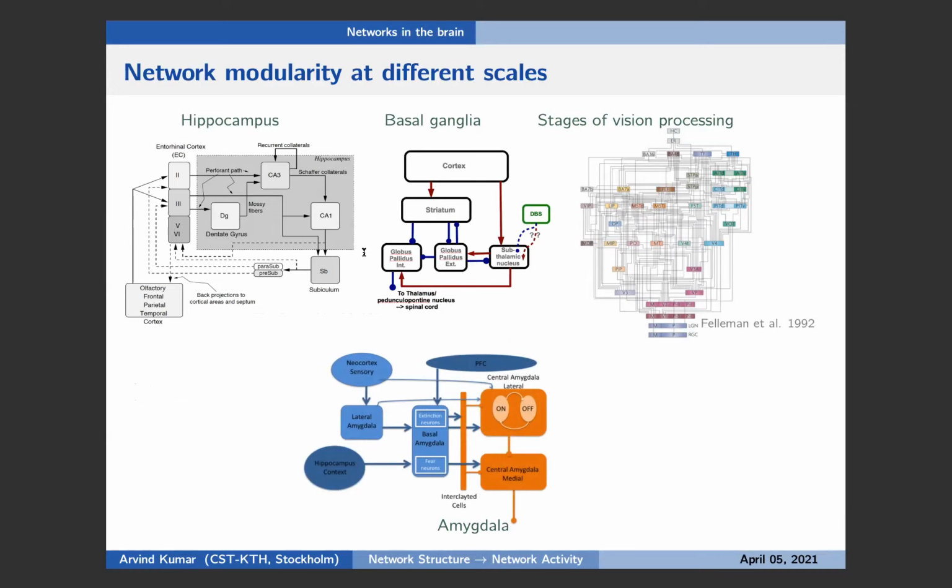For instance, in the hippocampus, we have CA3, which is a recurrent network, but CA3 itself is a part of a more elaborate macroscopic network, if you wish, where it receives input from dentate gyrus and sends its output to CA2 and CA1. Same thing can be said about basal ganglia, amygdala.